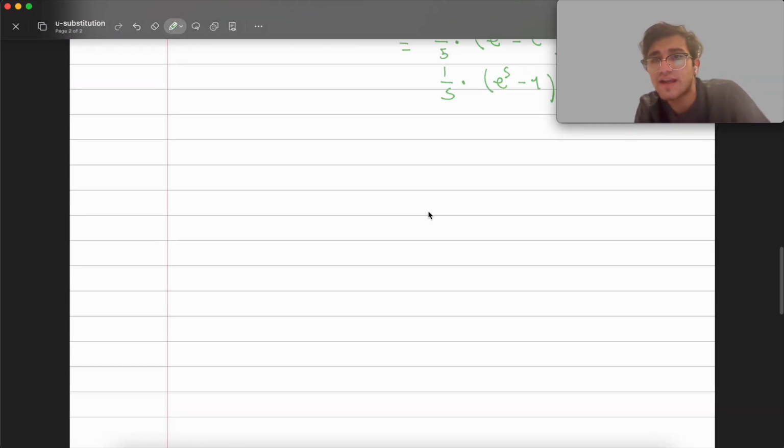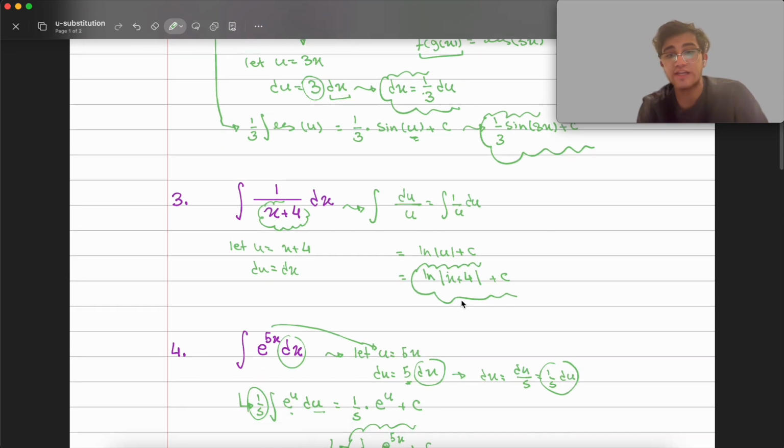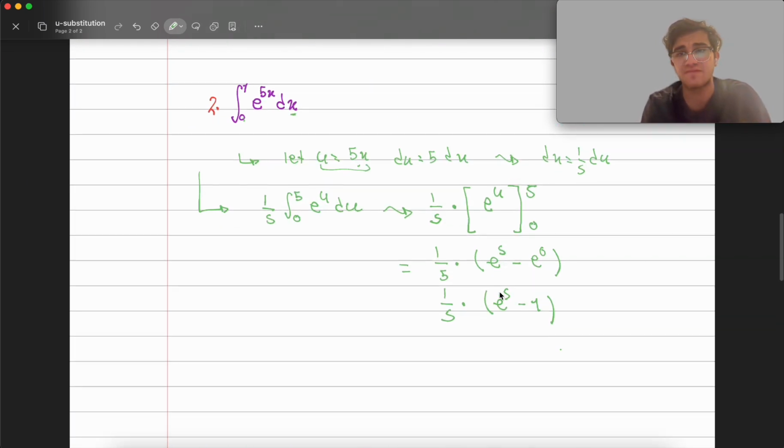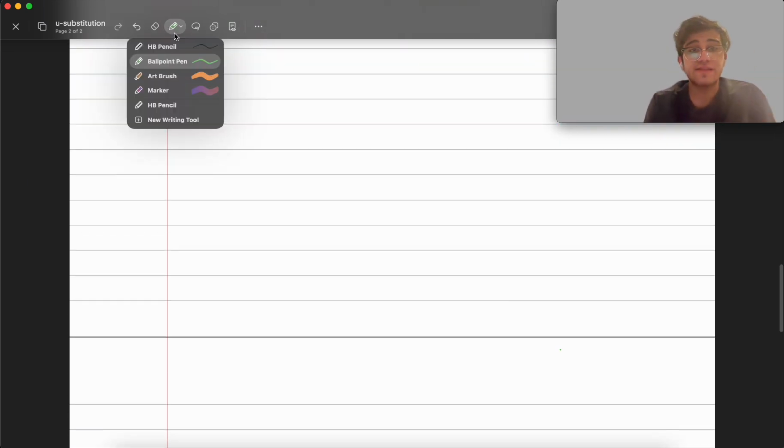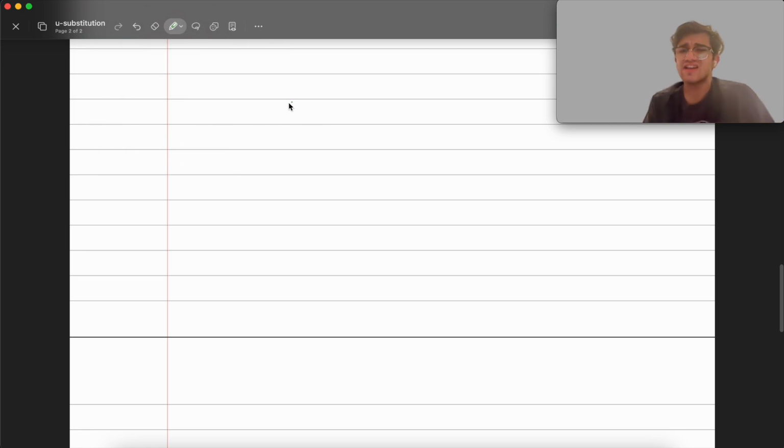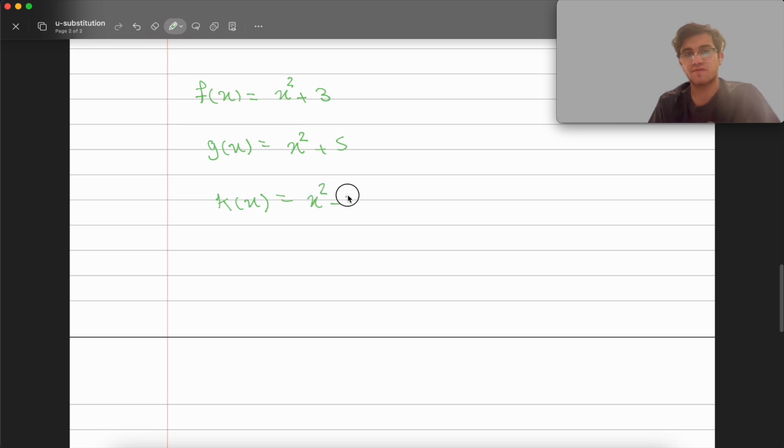And back to the thing that I said: why do we actually put the constant c? The fact that we use the constant c is because, let's say that I have f of x is x squared plus 3, and I have g of x, which is x squared plus 5, and I have k of x, which is x squared minus 2.